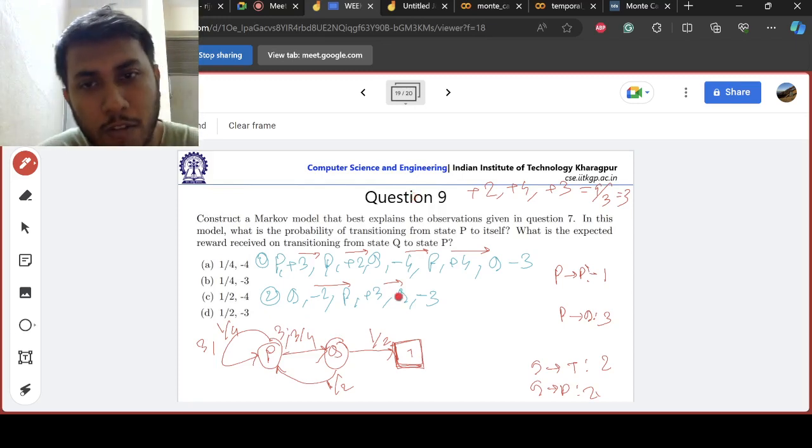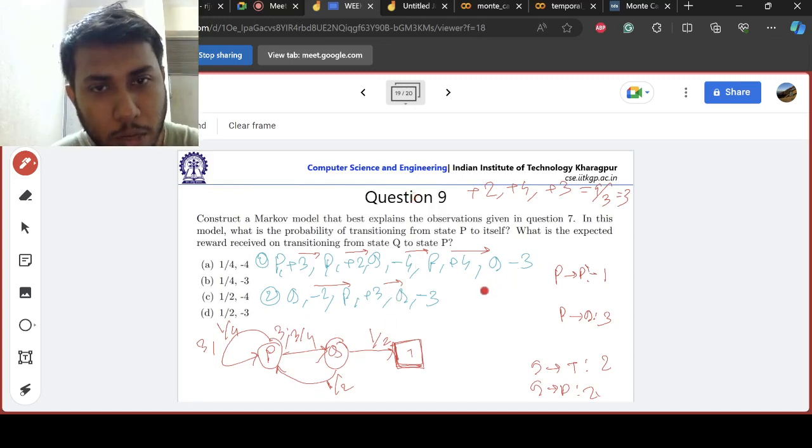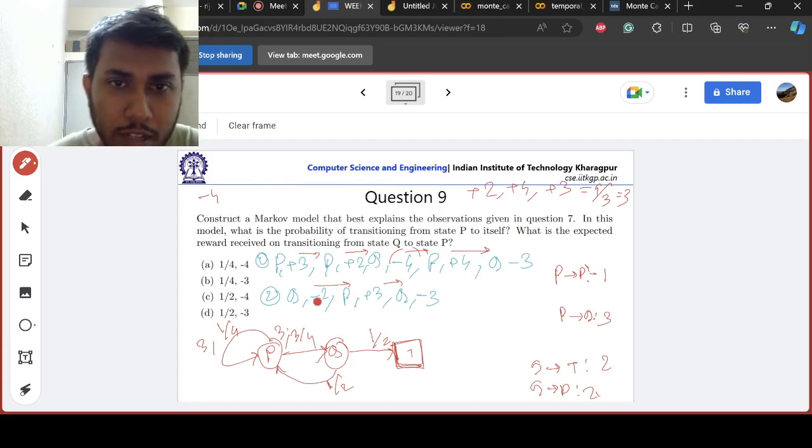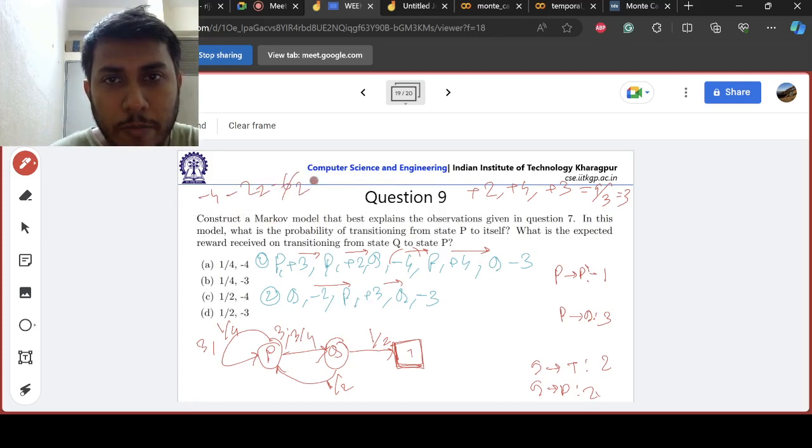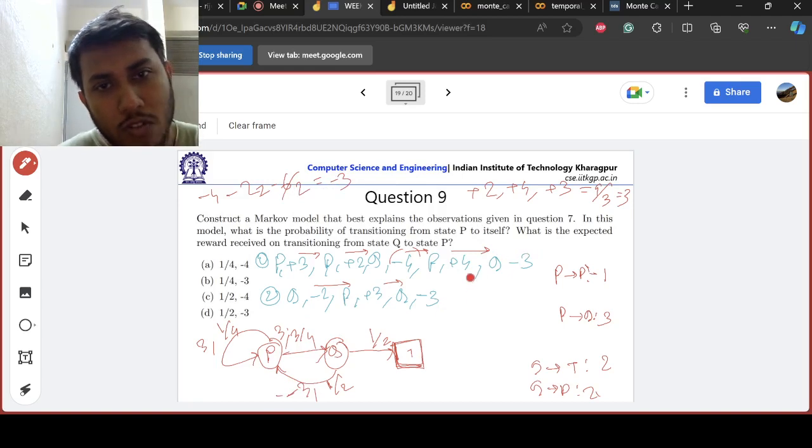Okay. Now from Q to P, how much are we getting? 2 times. Minus 4 we are getting for Q to P, and another one we are getting minus 2. So that is minus 6 divided by 2, which is equal to minus 3. Now Q to terminal, minus 3 and minus 3.